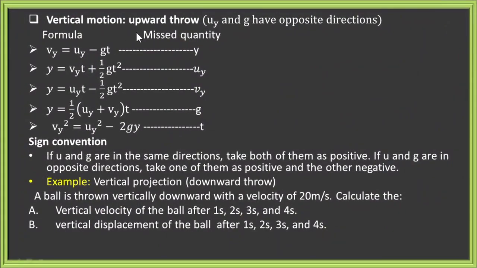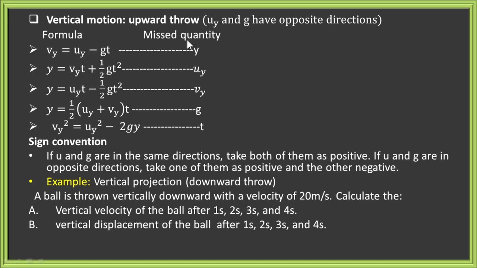Now vertical motion, upward throw. When you see the upward throw, Ui and G have opposite directions. The formula for upward throw is Vy equals Ui minus GT. Do you know the reason why it is minus?